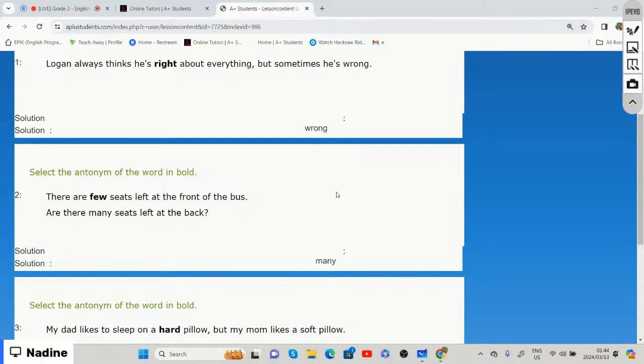What is the opposite of few? All right, so if we are going to look at the antonyms of the word, which is the opposites, right?